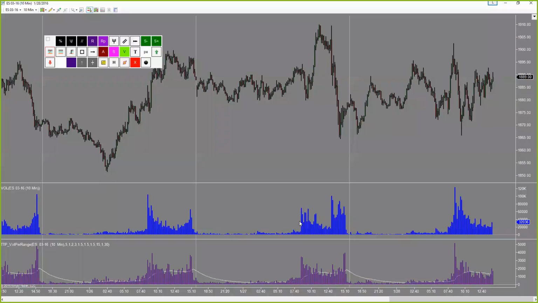And then he would use that to judge how much volume is trading going into the open, and if we're above 120%, then they would expect to hold their trades a little bit further. They would expect more volatility. If the volume were, say, below 90%, they would expect a lower volatility day.